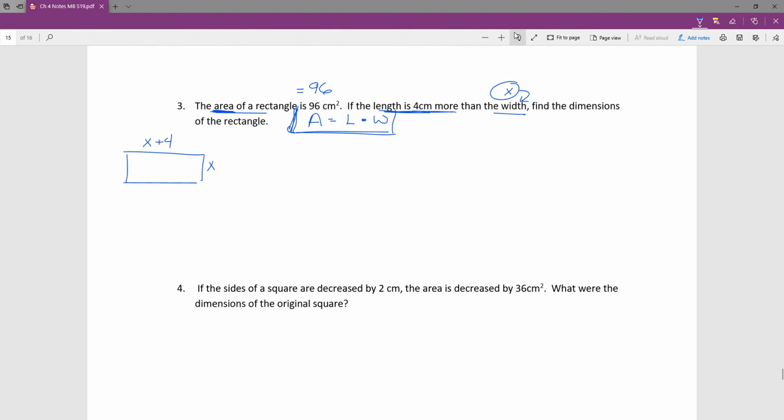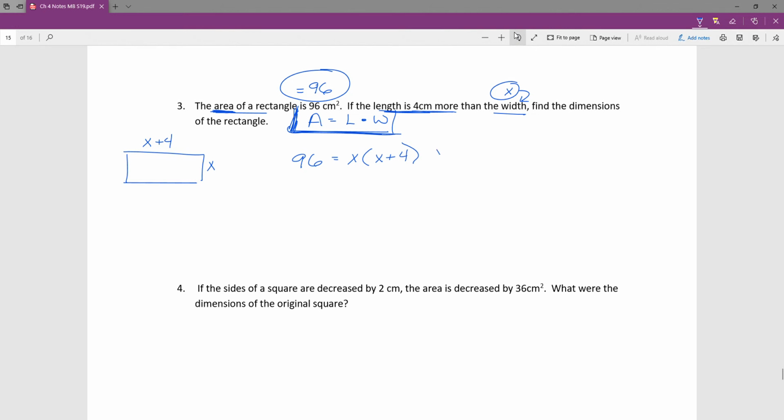Now that I have my expression for the parts of my rectangle, I can put together the information from the question into the framework equation. So I could write that 96 equals my length and my width, and I'm going to write them in kind of reverse order because they look a little more sensible to me.